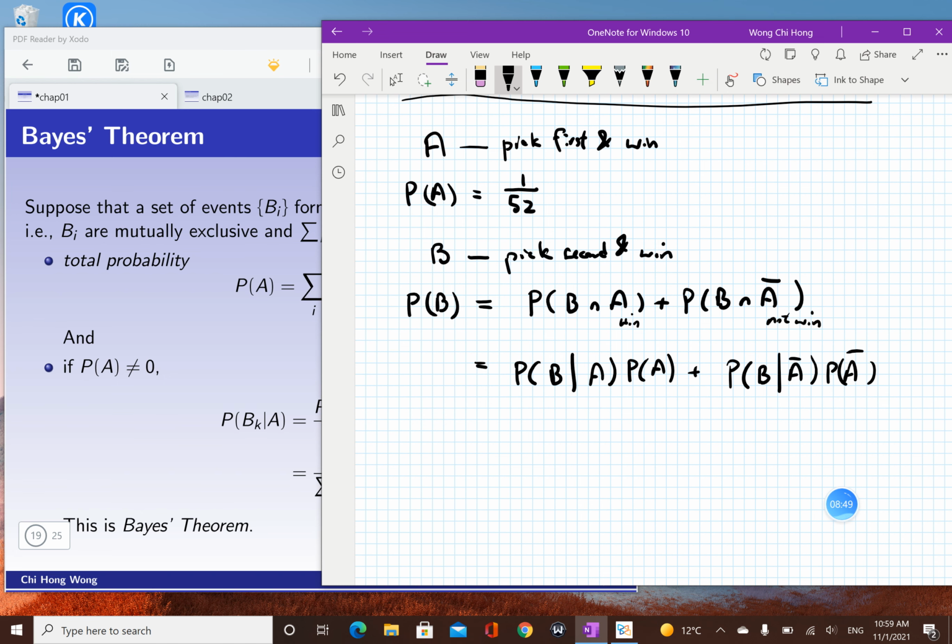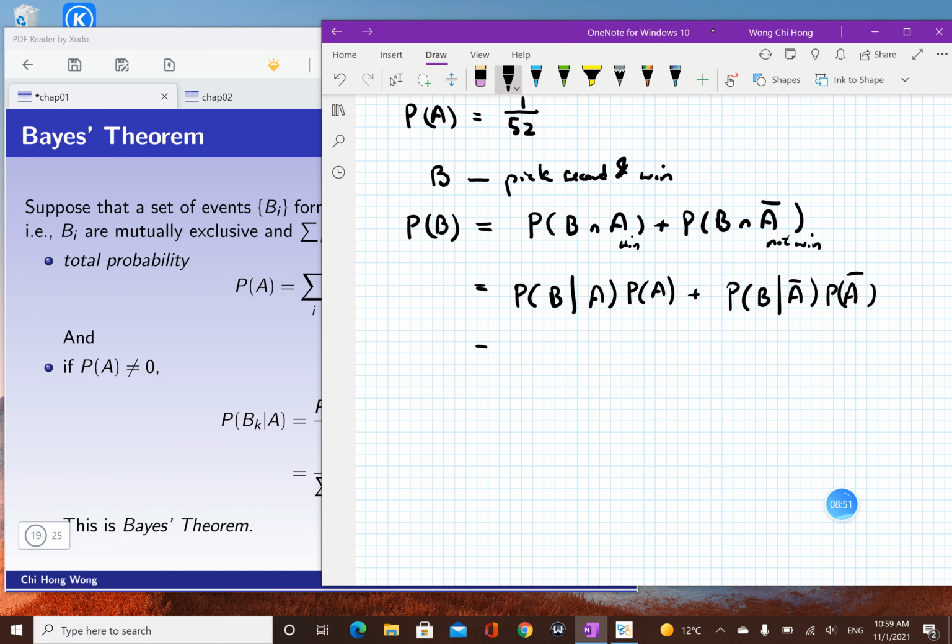But we know there's a 1/52 chance for your friend, who picks first, to pick the winning card. But if he wins, there's no way you can win. There's only one card.